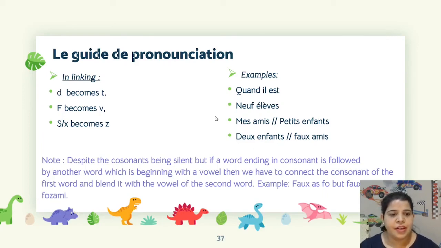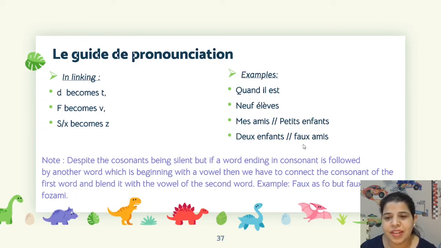Despite the consonant being silent, if a word ending in a consonant is followed by another word beginning with a vowel, we have to connect them, like in faux amis.